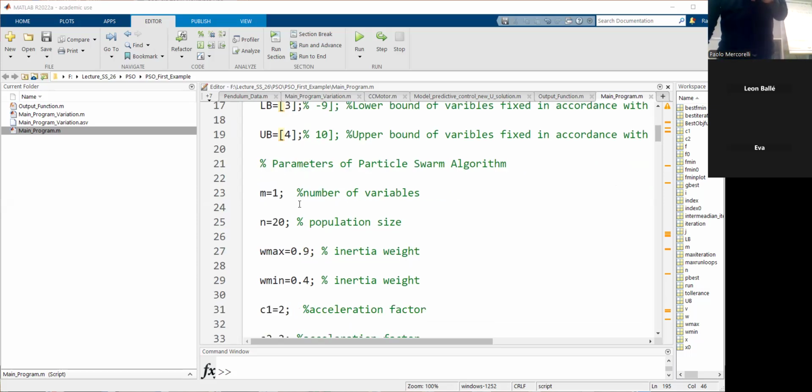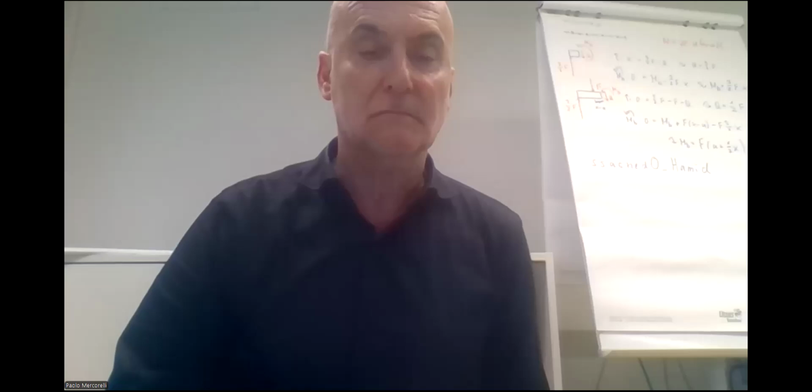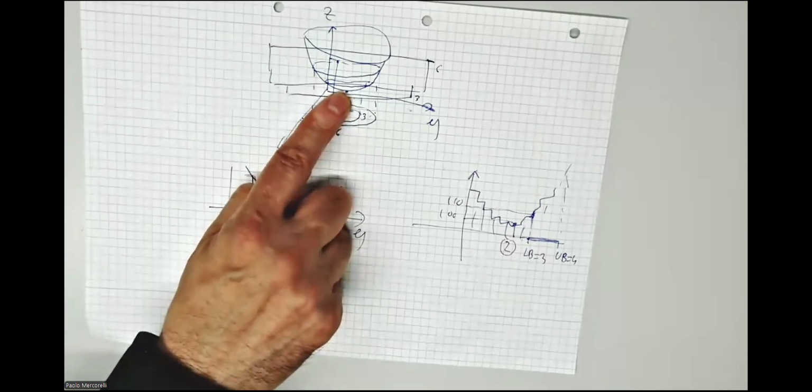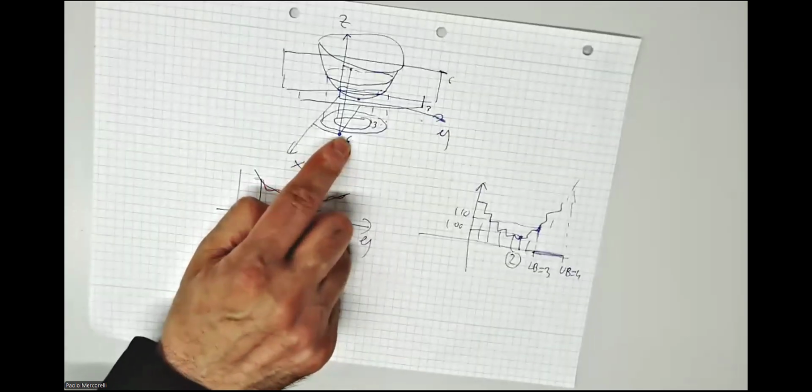Look, m equal 1 is the dimension of the problem, X1. I call dimension how many variables I have to optimize. Do you remember in the robot we have omega and V? If you think of gymnasium, here, do you remember, to find the minimum here we have an X star and Y star.